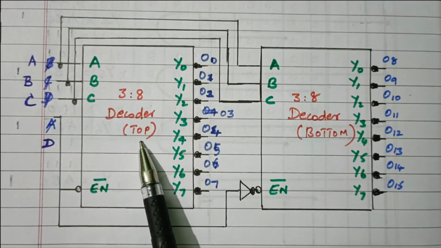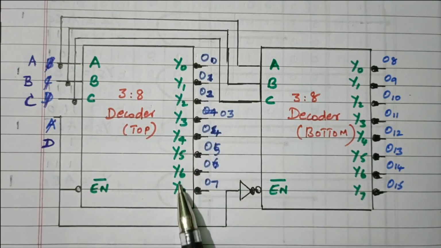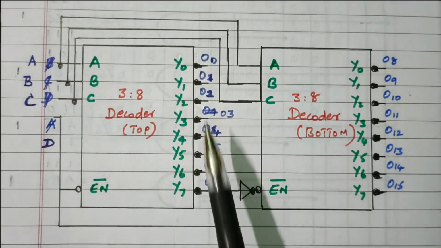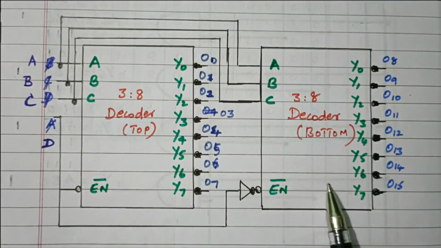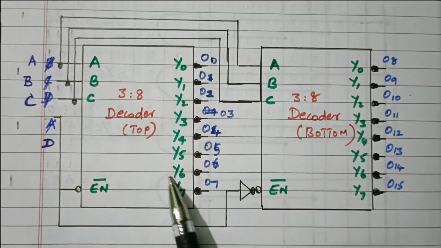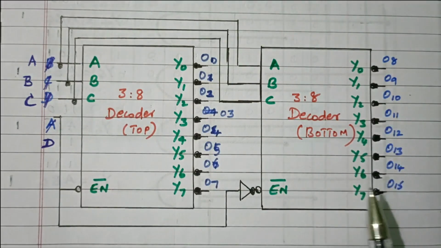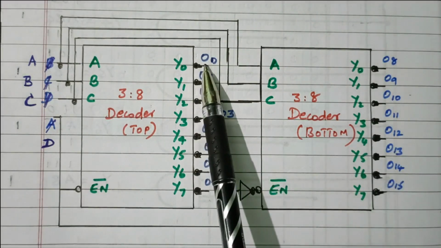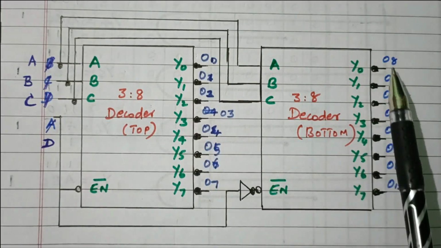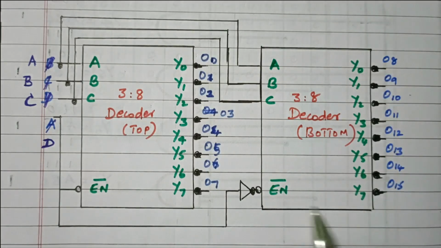So while enabling the top decoder, we will get 8 different outputs, Y0 to Y7, that is D0 to D7. At that time, the bottom decoder is disabled. When the bottom decoder is disabled, its outputs are 0. So totally we are getting D0 to D7, then D8 to D15, 16 different outputs will be available.